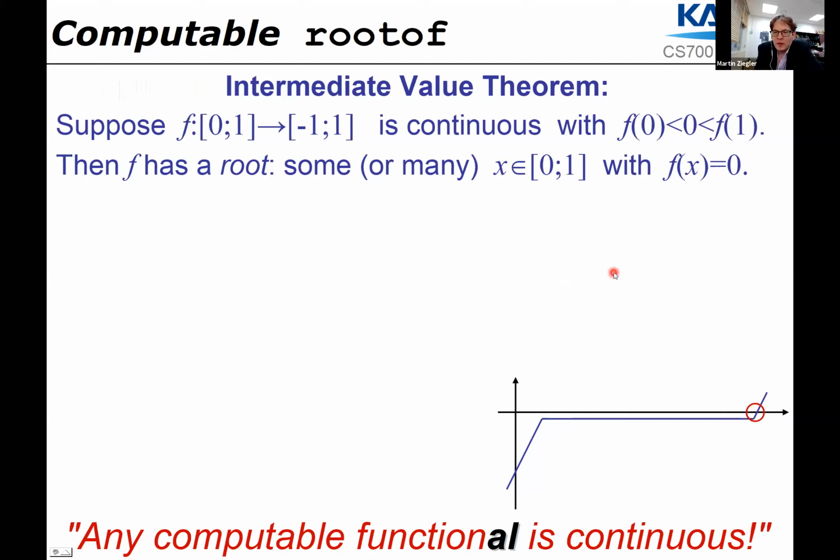And let's now perform a stability analysis, or sensitivity analysis. What happens if we perturb that function within the space of continuous functions? If we slightly modify the function, slightly meaning with respect to the supremum norm, right?